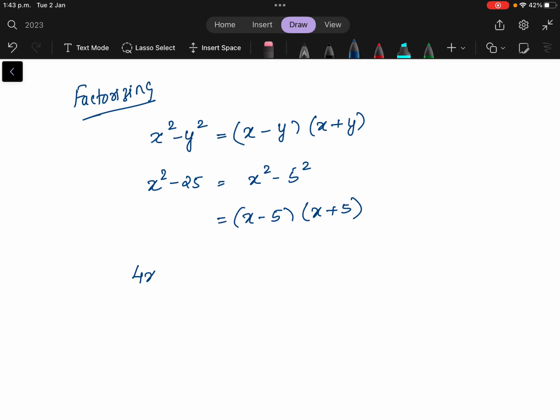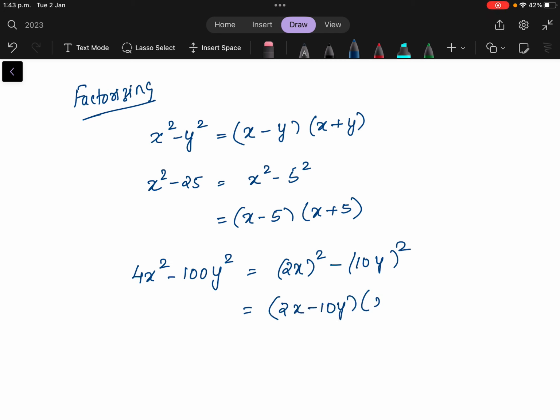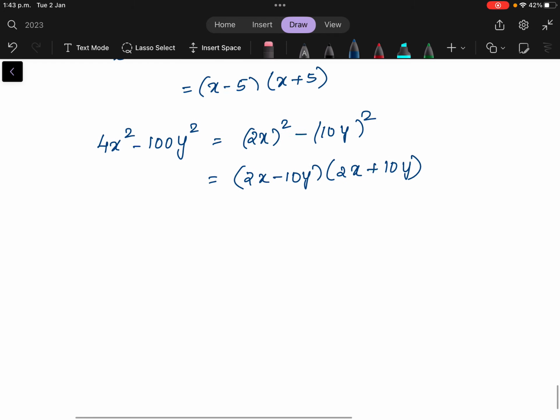And suppose if you have something like 4x square minus 100y square, you have to immediately recognize this as a difference of perfect squares. So that is like 2x square minus 10y square, and then it can be 2x minus 10y, 2x plus 10y. Okay, so this is one method of doing.